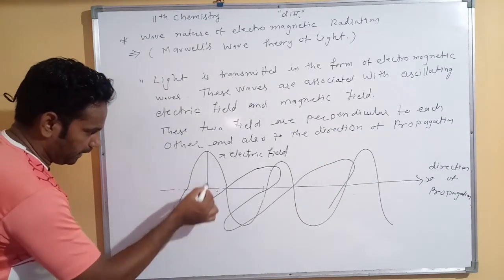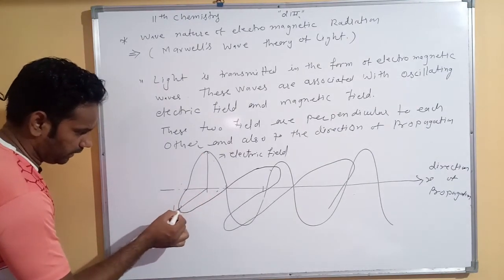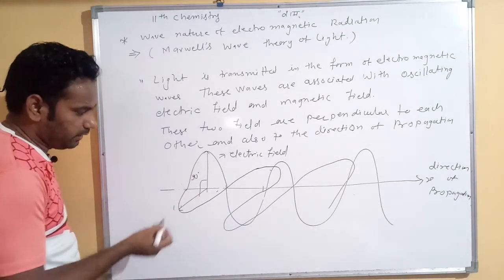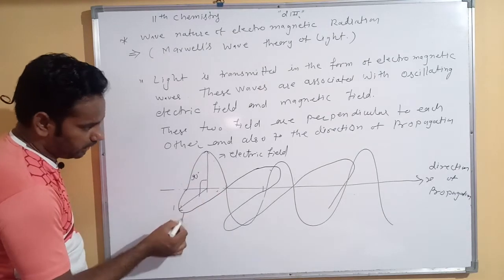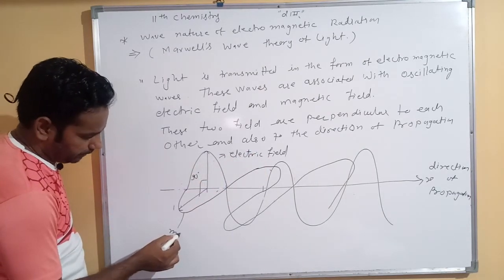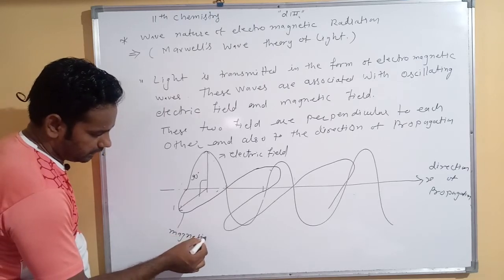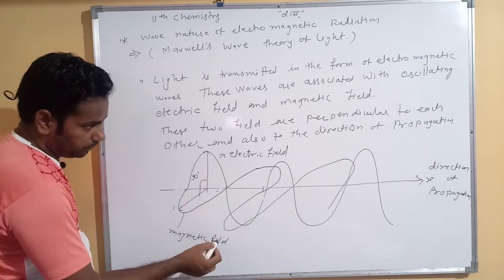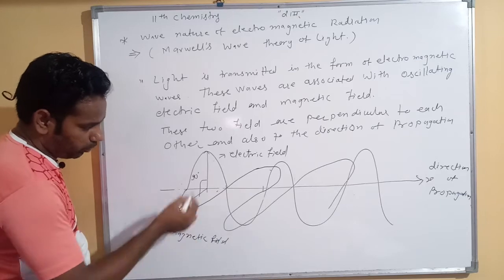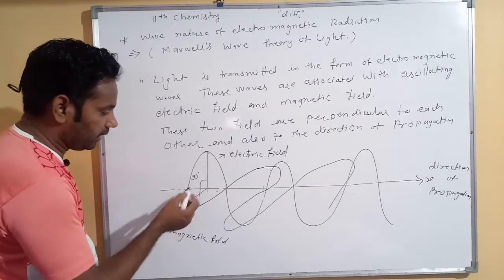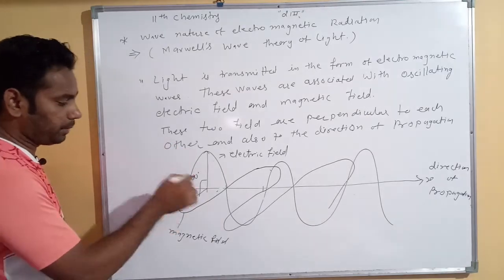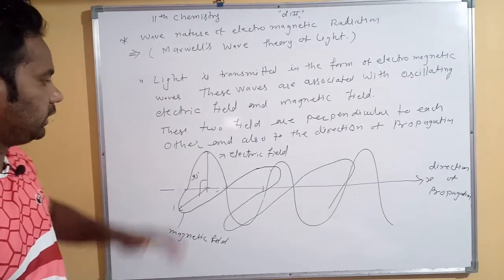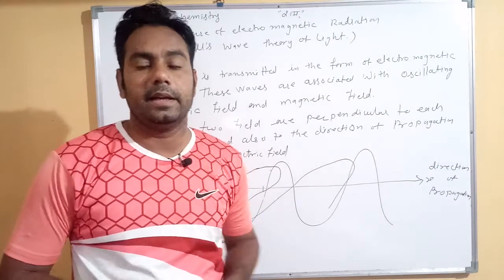It's perpendicular to each other now. Okay, you understand this, and this angle is called 90 degree. And again, both the radiation, both the field here, electric field here, magnetic field, both the electric field and magnetic field are perpendicular to each other, and both the perpendicular on the propagation of light. Okay, so this point is based on electromagnetic radiations.